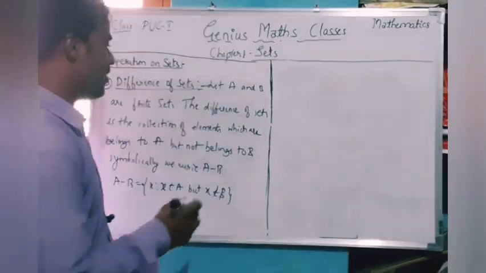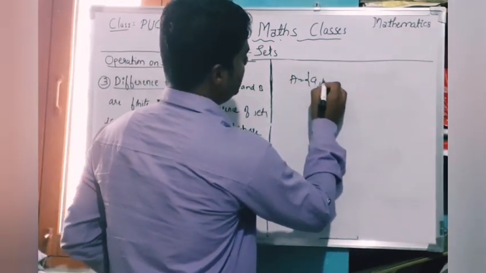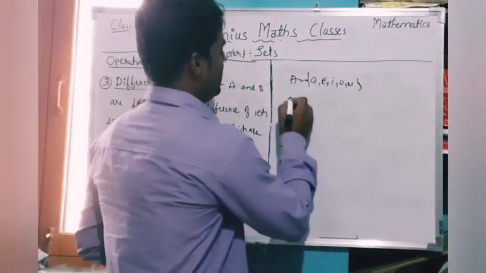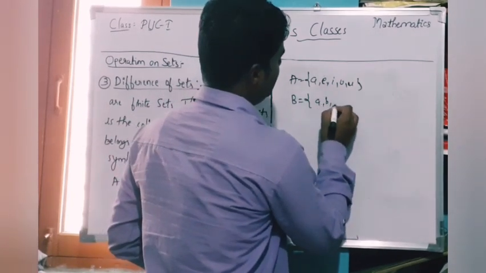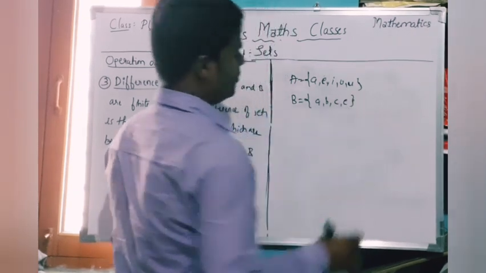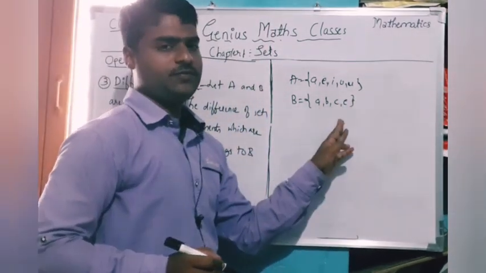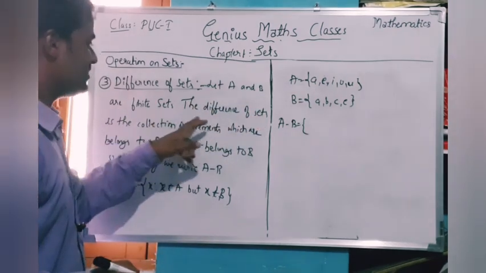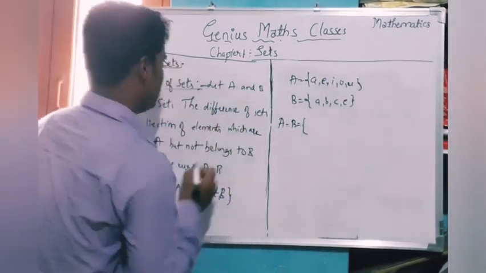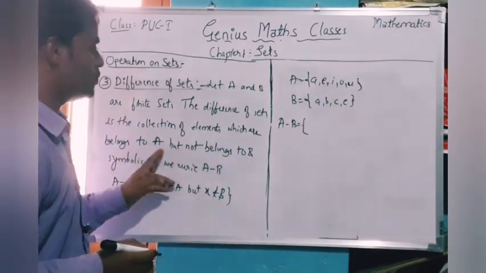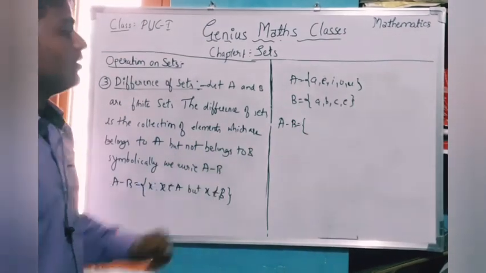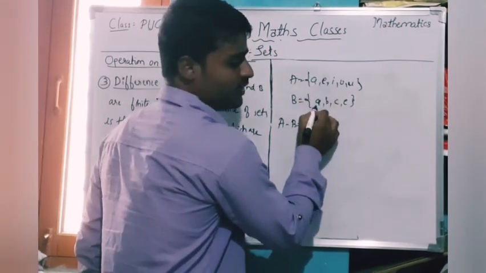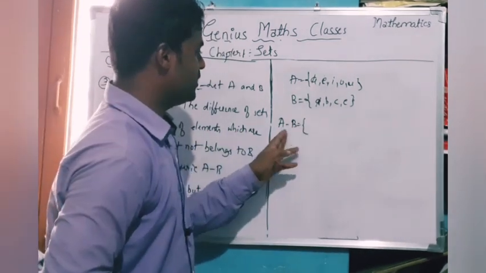Similarly, in this set, if you have the elements A, E, I, O, U, these are the members of the set A, and in B I am writing A, B, C, E. If I write A minus B, then according to the definition, the difference of sets is the collection of elements that belong only to A but not to B. Here A is in both, so A cancels.